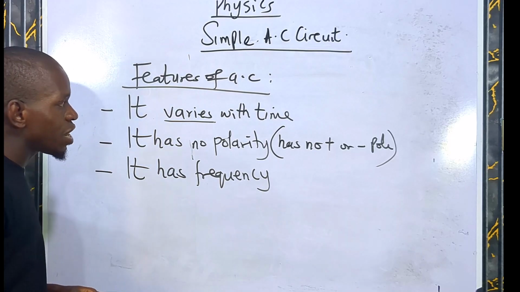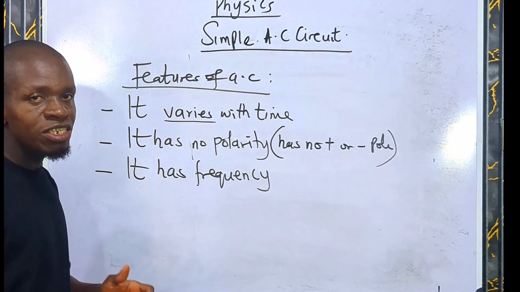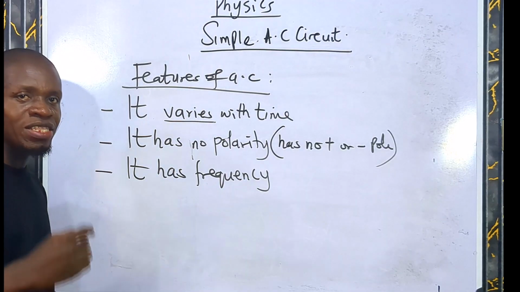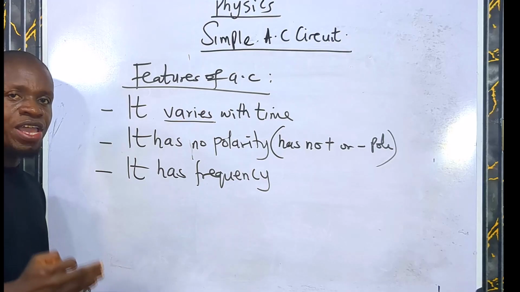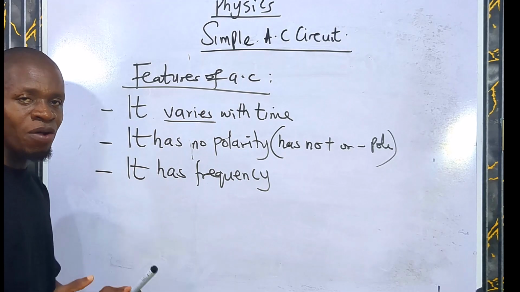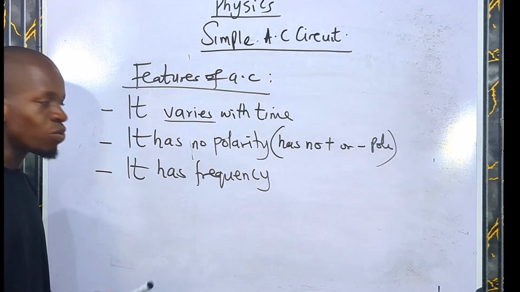Then another feature is this. In terms of transmission, alternating current is preferred over direct current. Why? Because you can transmit alternating current over a long distance at high voltage and low current, and the power loss we're going to have is minimal.